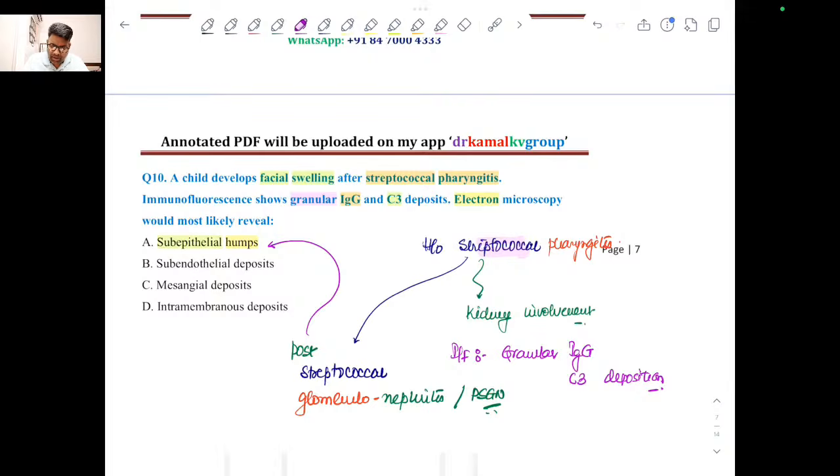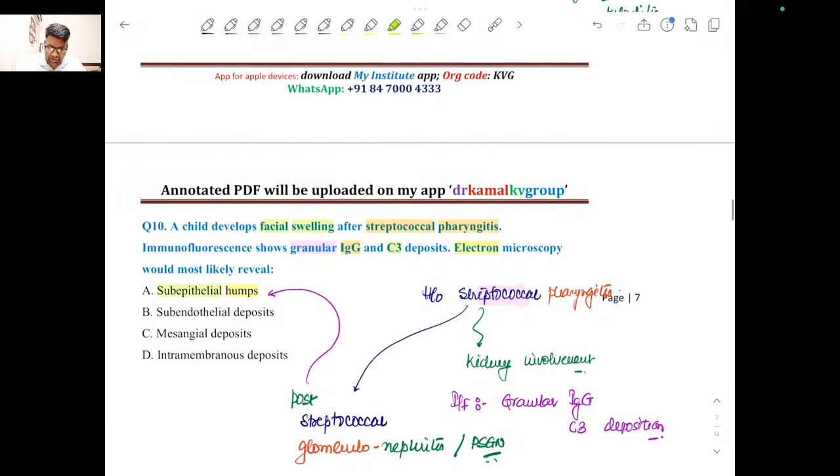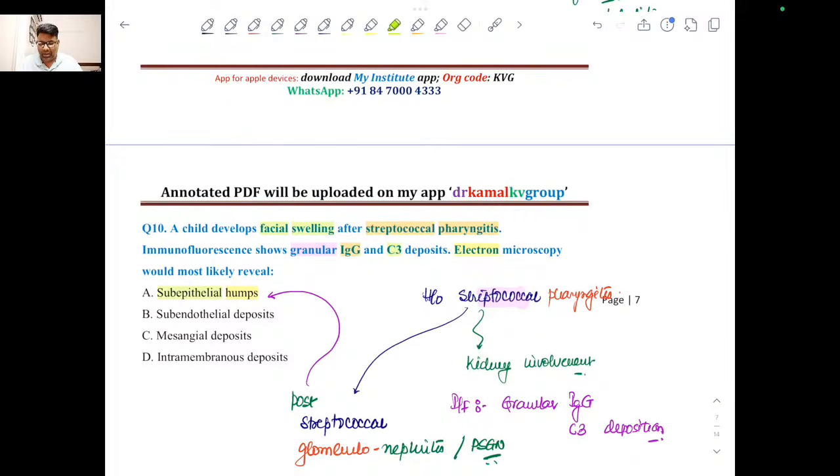Because many times you may have different words like subepithelial humps or subendothelial deposits, for that you need to know the basic electron microscopic feature. So suppose this is the basement membrane, the glomerular basement membrane, what you call GBM.